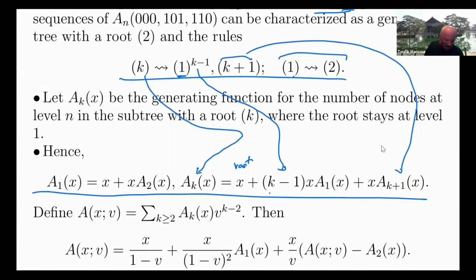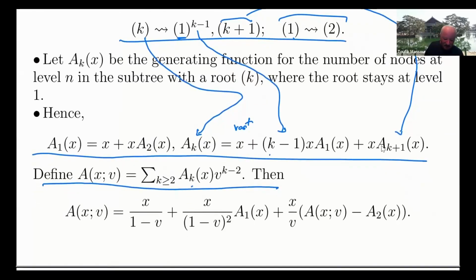Okay. Define the generating function of this, sum over k at least 2 of v^{k-2} a_k. I get the functional equation, this one, from only this. So this is the generating function, which can be solved by the kernel method. So what does the kernel method mean?